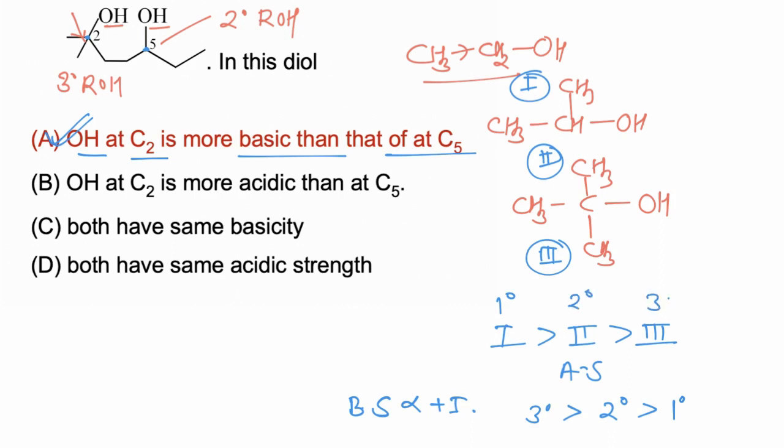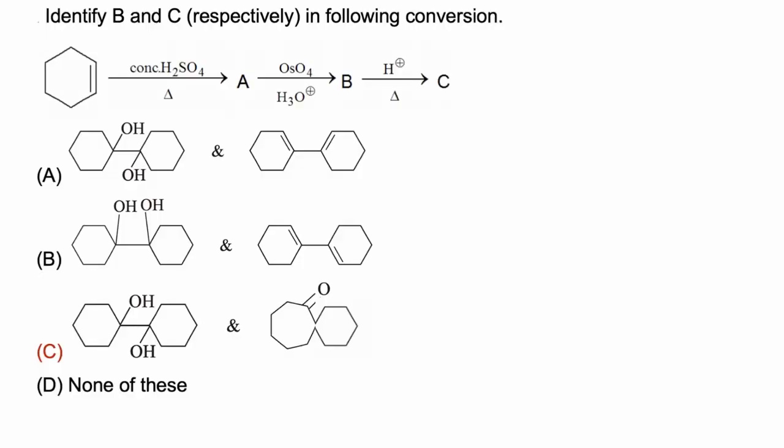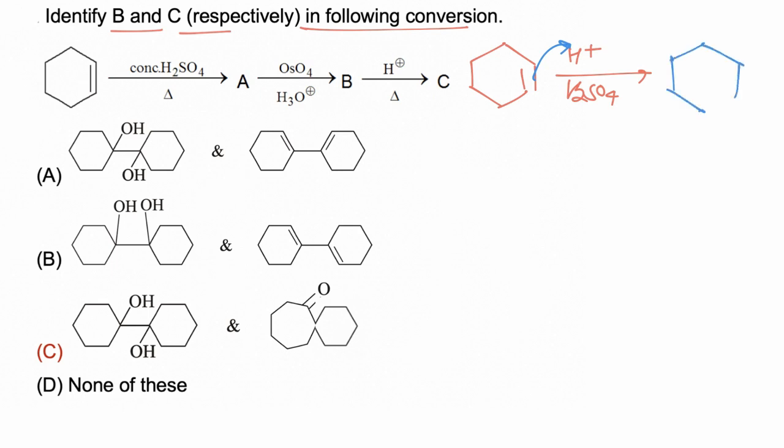So the correct answer is as stated. In this question we have to identify B and C in the following conversion reaction. So first cyclohexene is taken. Now cyclohexene on reacting with H2SO4 will act as a nucleophile, donating its pair of electrons to H positive, so that a carbocation is formed.